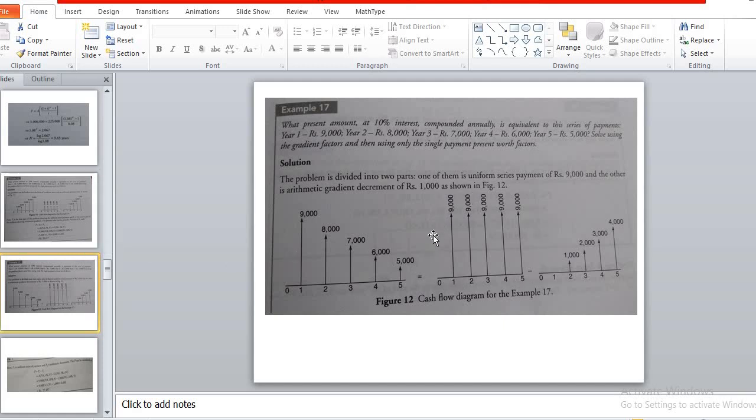First is the uniform series of payments: 9000 at each year. The second part is the decrement condition.